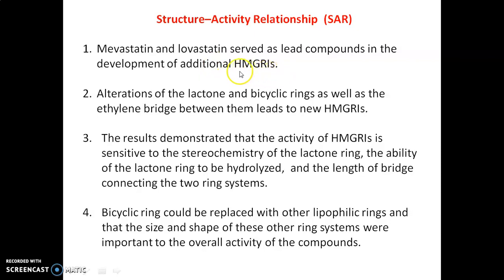HMG-RIs are the HMG reductase inhibitors. Alteration of the lactone and bicyclic ring as well as the ethylene bridge between them leads to new HMG-RIs.